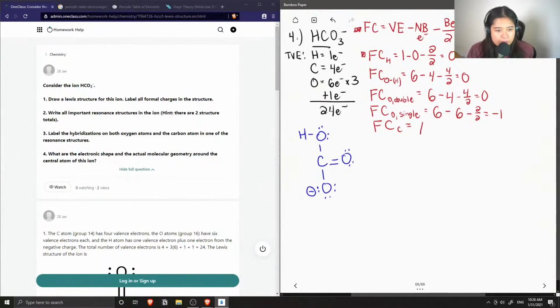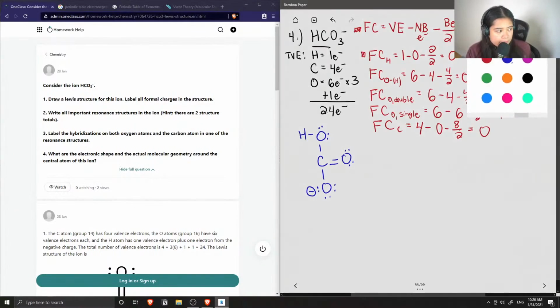Carbon has 4 valence electrons. There are no lone pairs, so it's 0. And there are 4 bonds to the carbon, so we have 8 bonding electrons divided by 2. So carbon's formal charge is 0. So the only negative charge is on our single bonded oxygen, and this is what causes the negative charge for our ion. So now we need to draw the resonance structures for this ion as well.